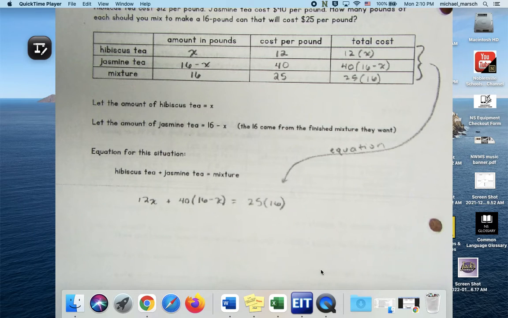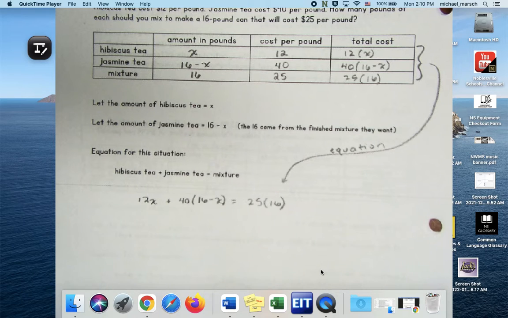Okay, you're on your own. Go ahead. Use your calculator. Solve the equation. You're going to get x, and then figure out how much jasmine there is because it's 16 minus that x. I'm going to freeze my screen.